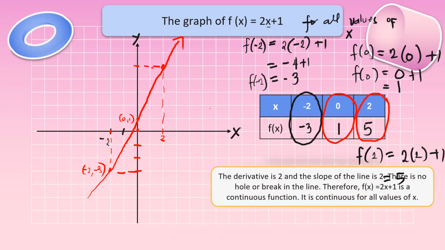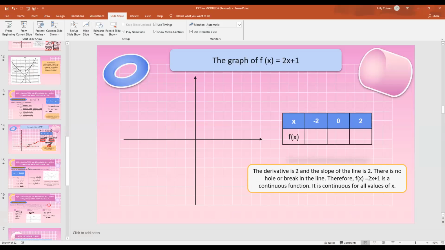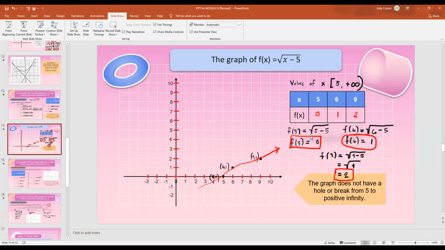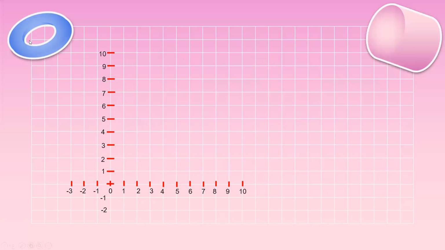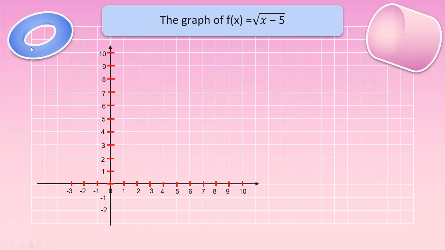So, let's have another example unsaon pag-graph sa function. Let's say kani. So karon unsa na to pag-graph si f of x equals square root of x minus 5.